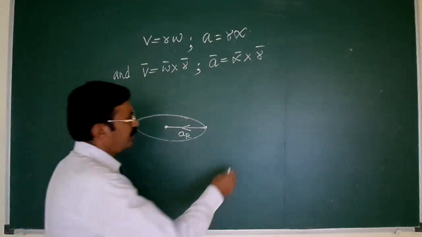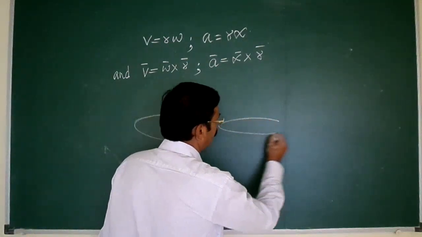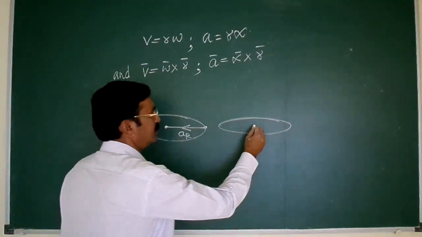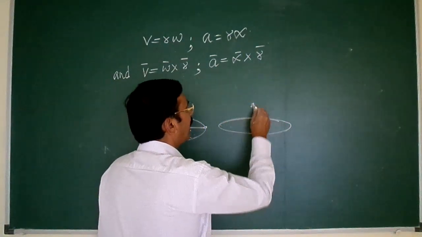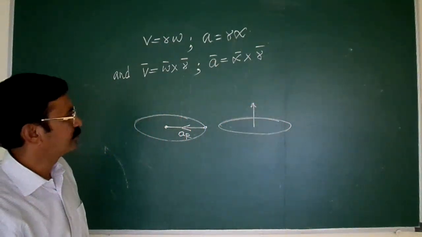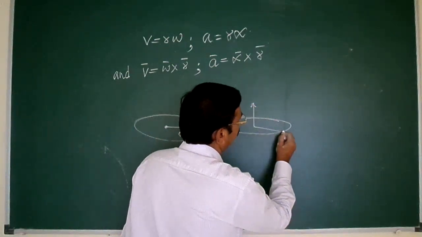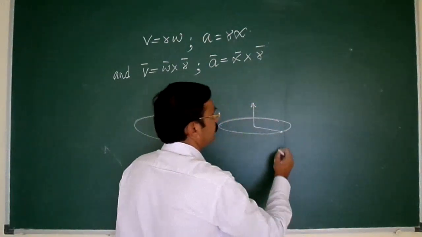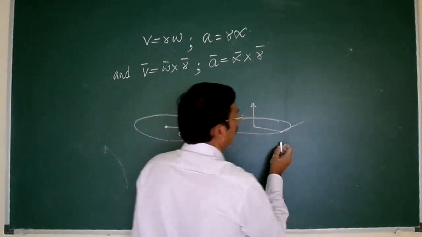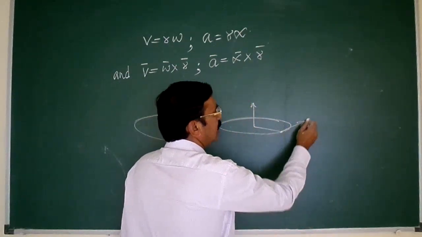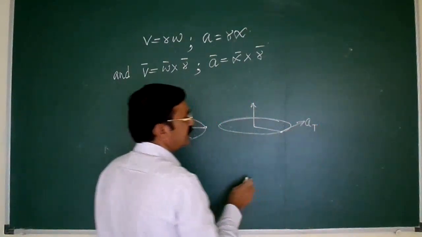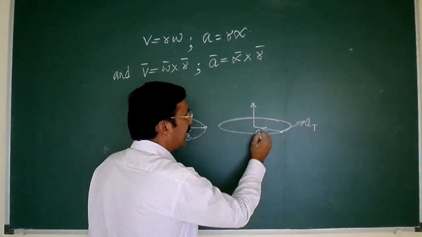But in the case of non-uniform circular motion, as the value of alpha is nonzero, here we see that for the particle over here, tangential acceleration is there as well as radial acceleration.